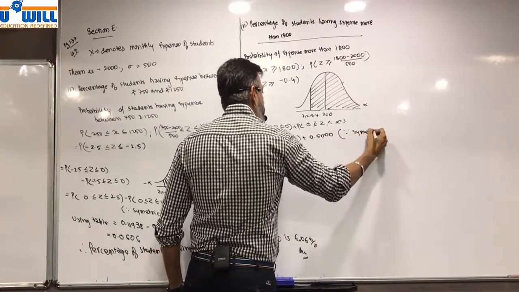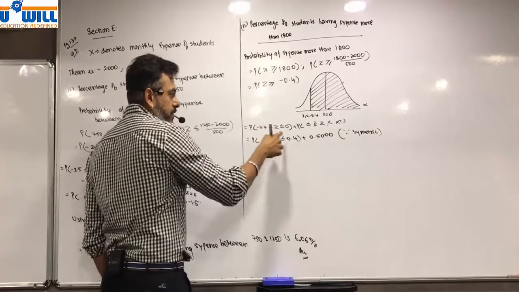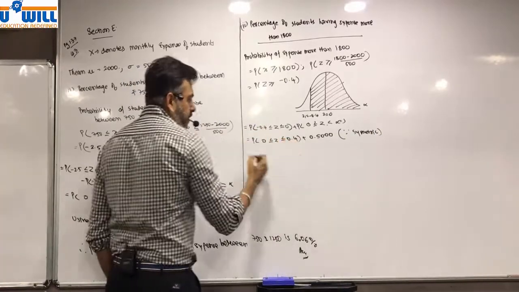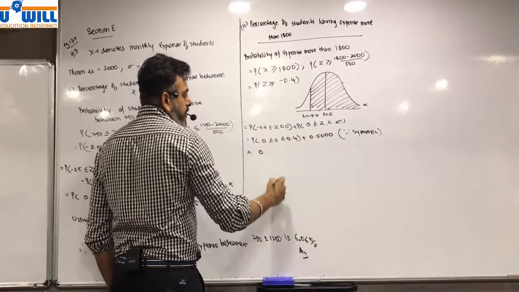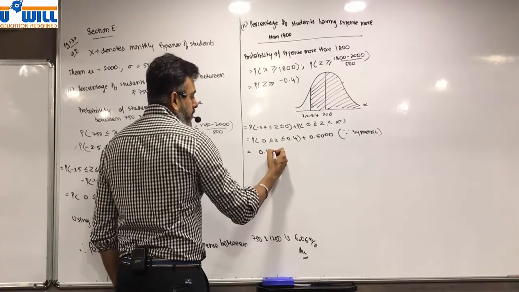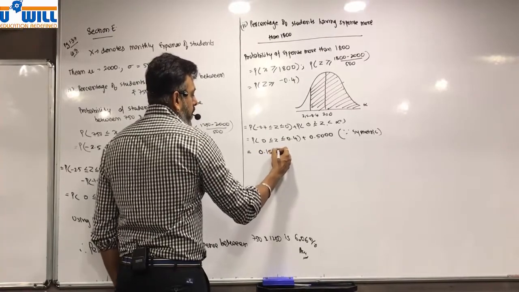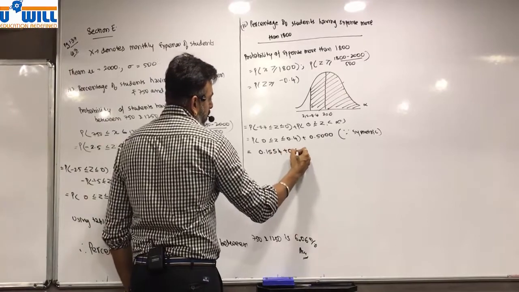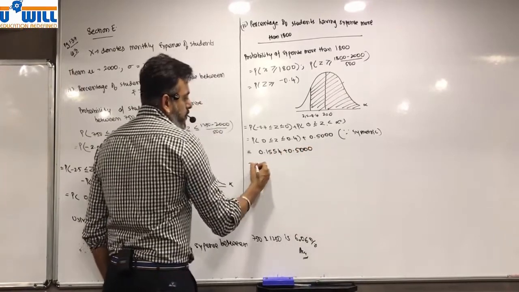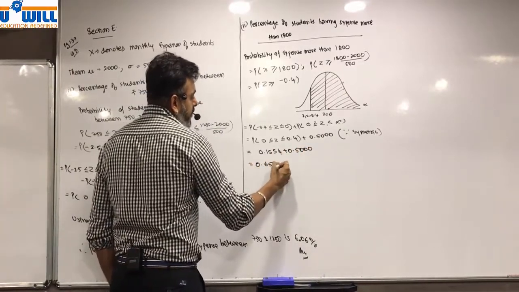Symmetric. That's why we convert this from negative to positive, which is equal to how much? 0.1554 plus 0.5 is equal to 0.6554.